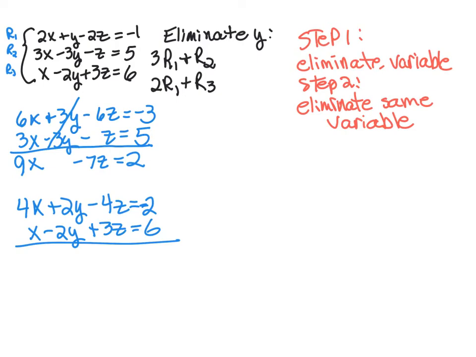So let's continue. 4 and 1 is 5x's. The y's are eliminated, which was the whole point. Minus z equals 4. So now you see we have a brand new system that's just like the ones we did in the last section. 2 equations with 2 variables.